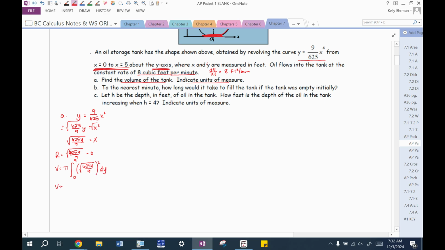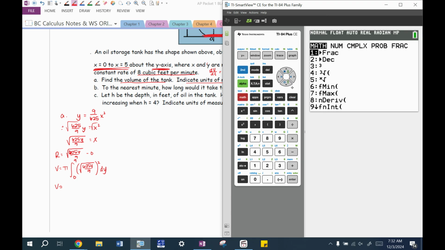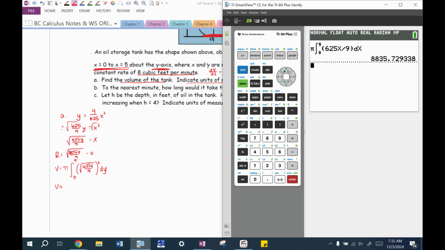Now, I'm using a calculator, so I'm not going to worry about rewriting that. So pi times the integral from 0 to 9 of, I'm not going to type in the square root here though, 625x over 9 dx.